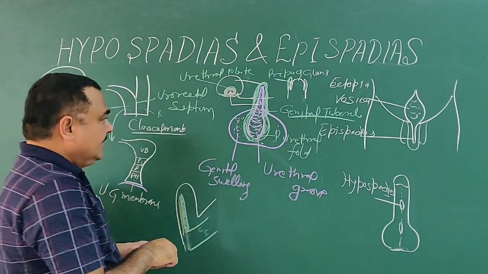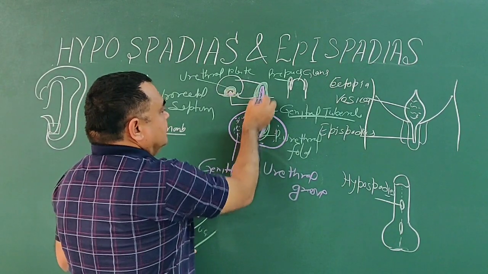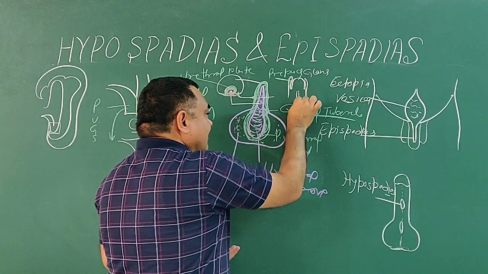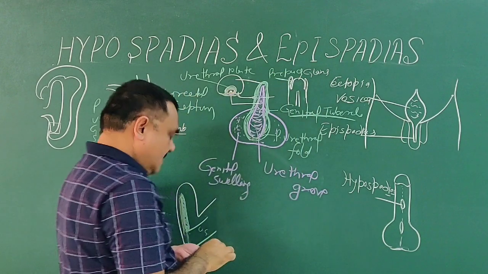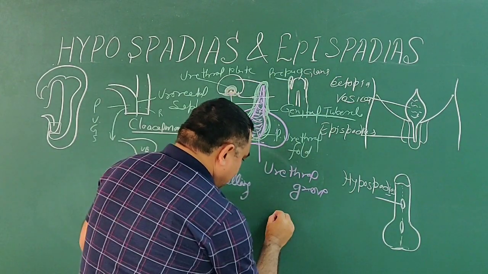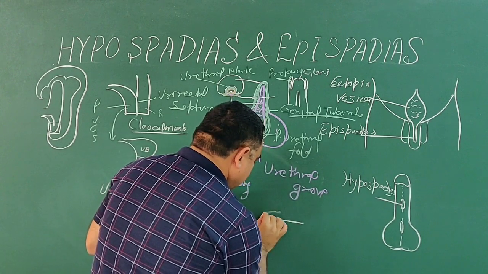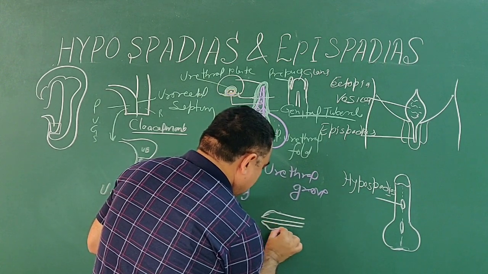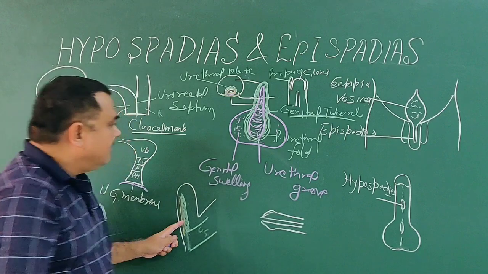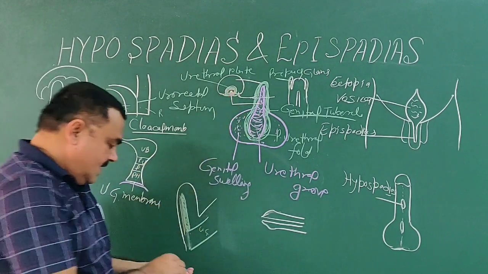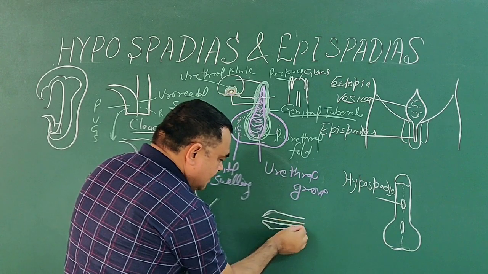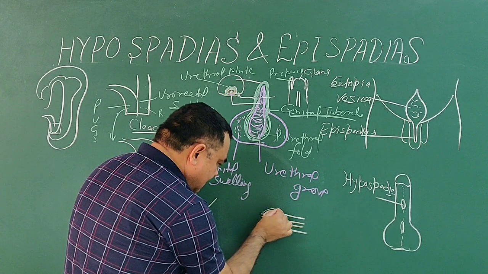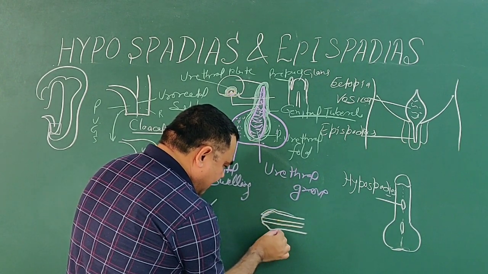And another thing, this penile urethra extends up to this level, not reaching up to the glans penis. If you see the section, the urethra which is formed here extends only up to this, and this part has ectodermal covering.